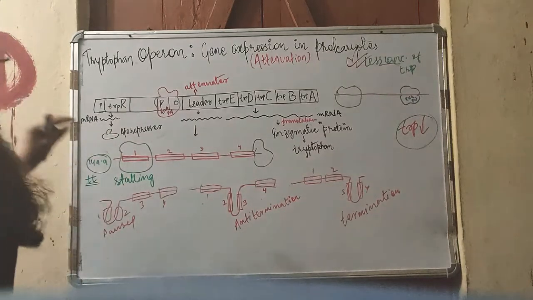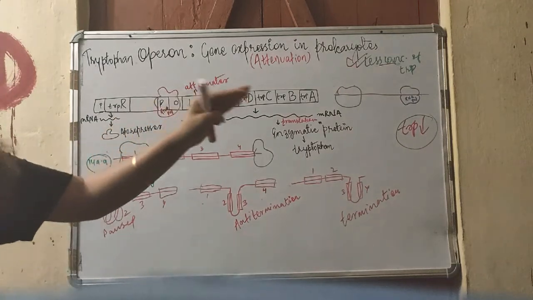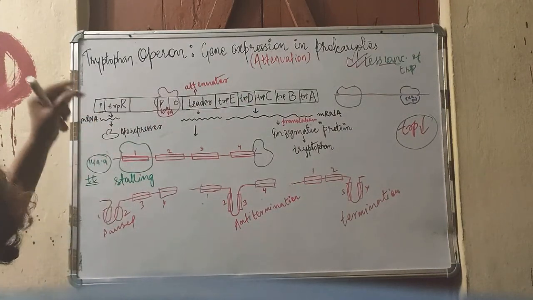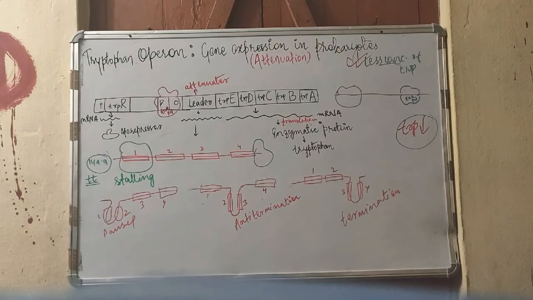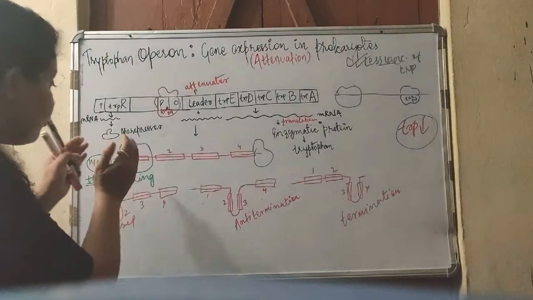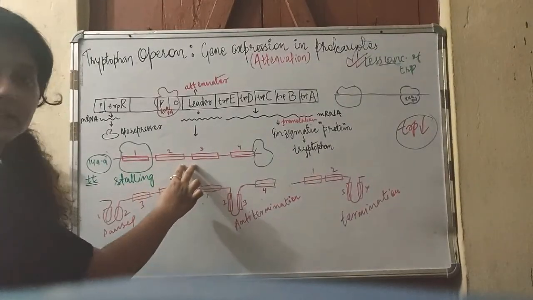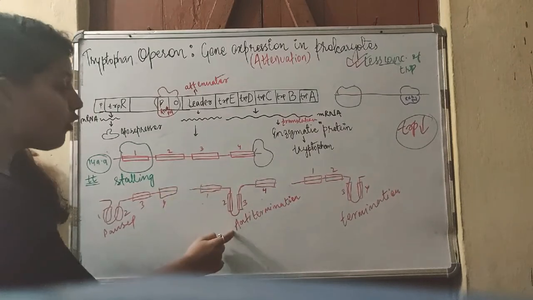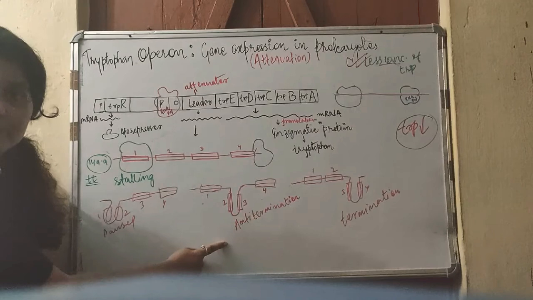Alright, means our ribosome will stall at sequence 1 if there is less concentration of tryptophan, because it requires tryptophan to make the polypeptide chain. And during this process, 2 and 3 can pair with one another, forming this hairpin known as the anti-termination hairpin.